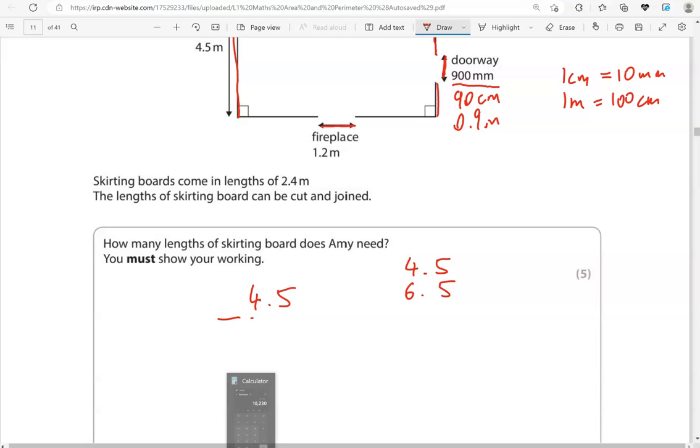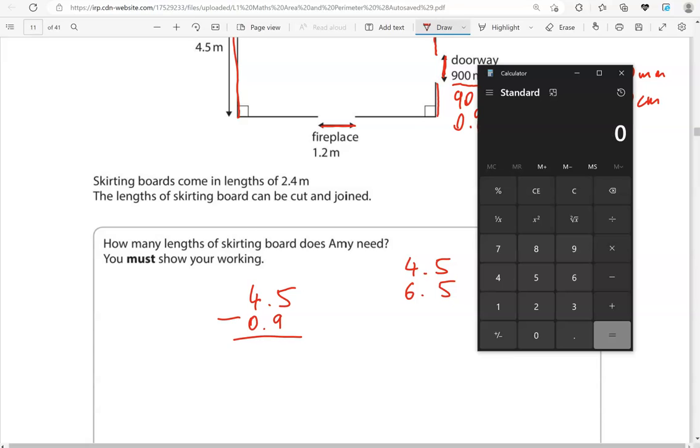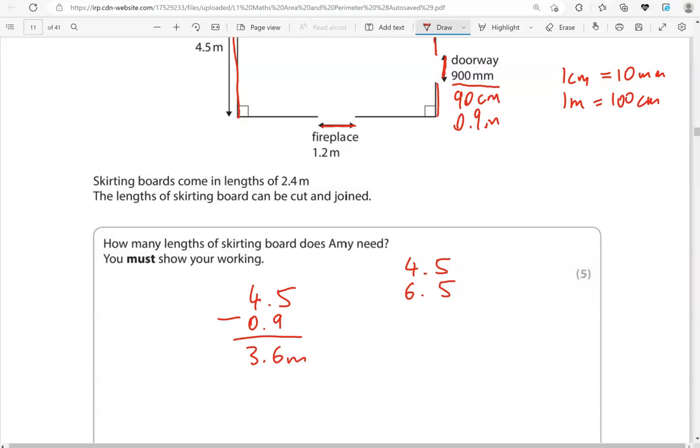So if I take away 0.9 from 4.5, that gives me 3.6 meters.